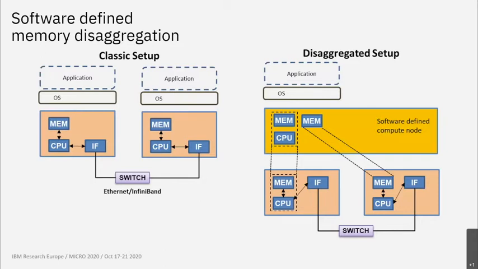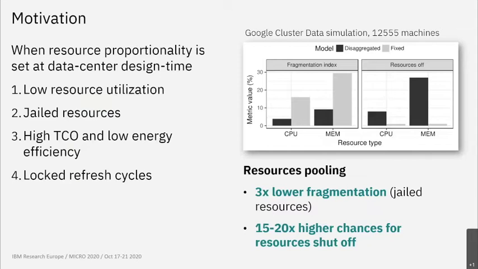Why are we doing this? By doing resource pooling, we can remove some of the main limitations in the design of today's data center, which, by defining the proportionality between resources at the same time, meaning the node, incurs low utilization and jailed resources.